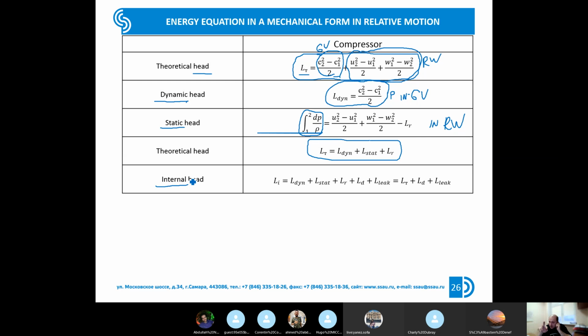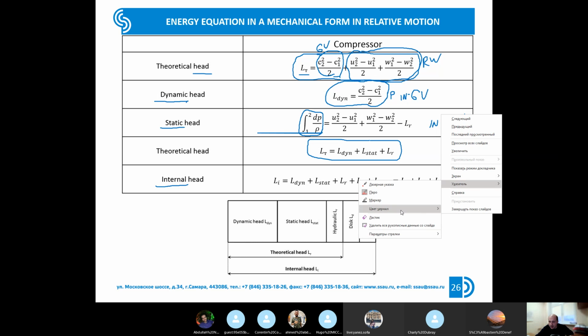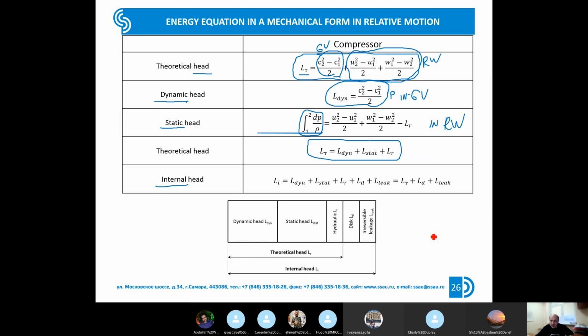At all moments, at all steps, we have some losses, and based on this information, we could imagine the process of energy transfer in the stage of the compressor.